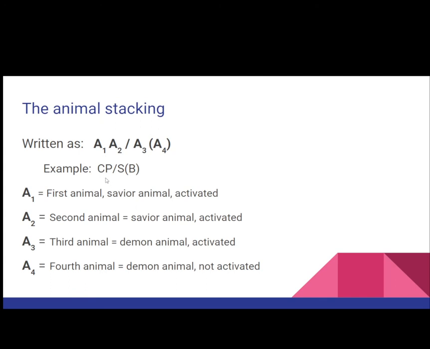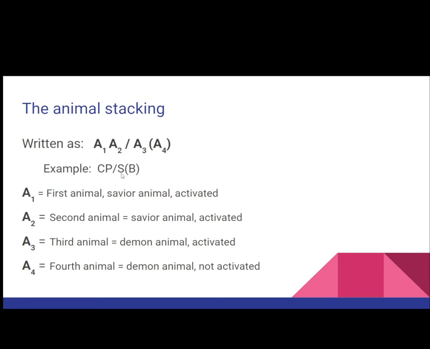So here's an example of an animal stacking. This person has consume as their first animal, play as their second animal. Consume and play are the savior animals in this person. So this person will gather for oneself, that's the consume animal. They'll also gather with the tribe, the play animal.